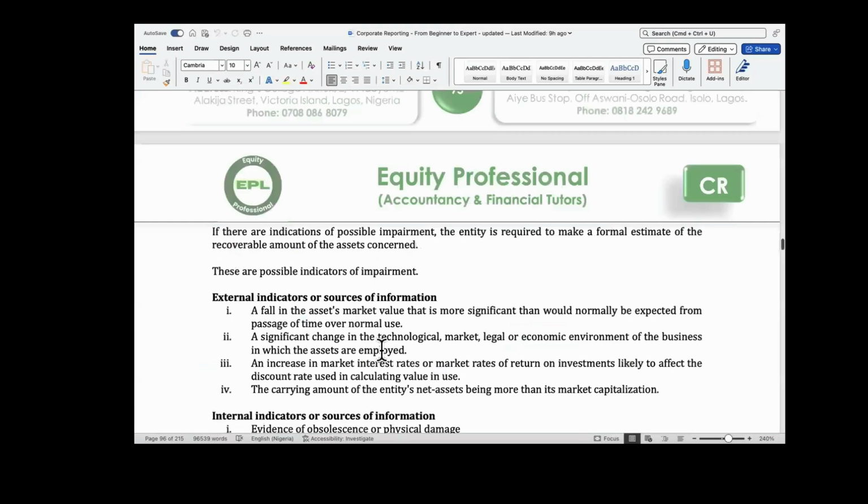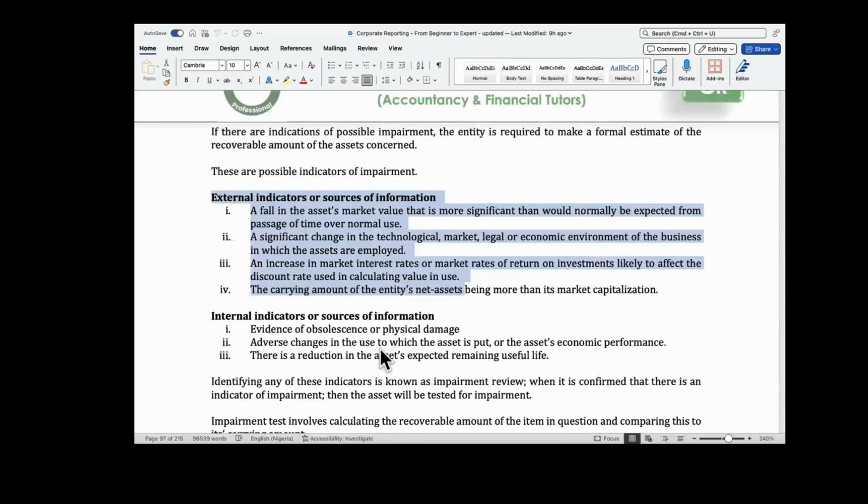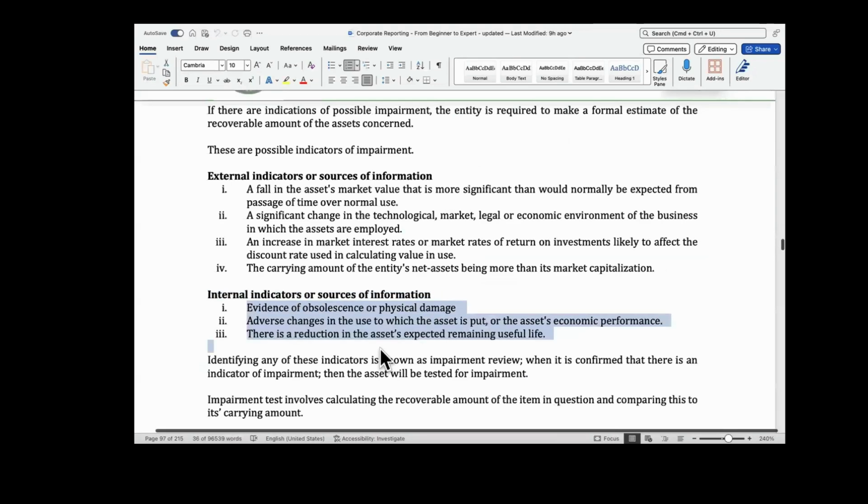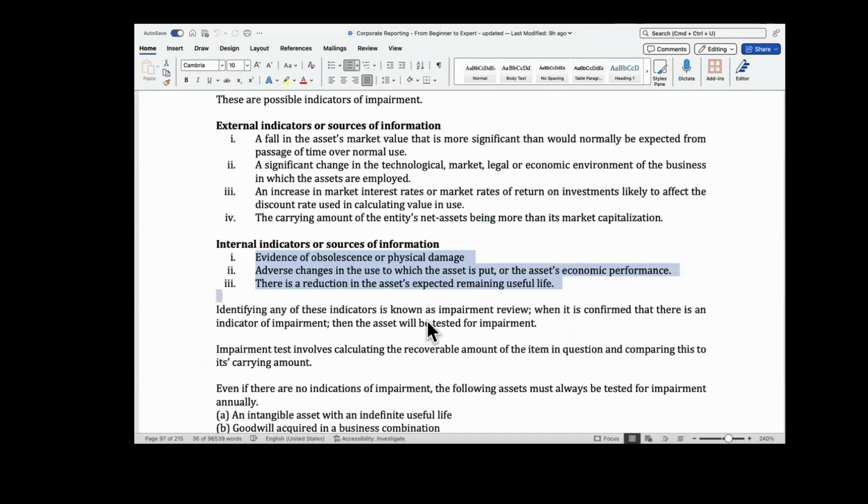However, I told you that after you have confirmed many of these indicators, then you will need to move to the next stage, which is to test the asset for impairment. So impairment review before impairment test.